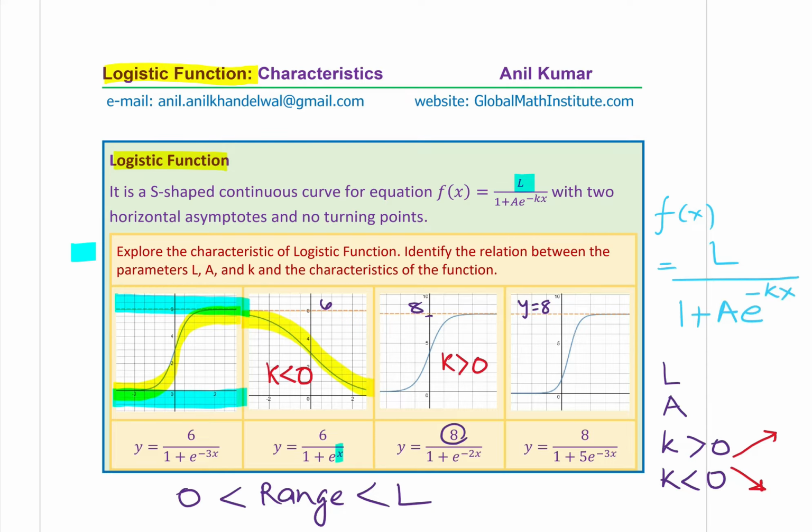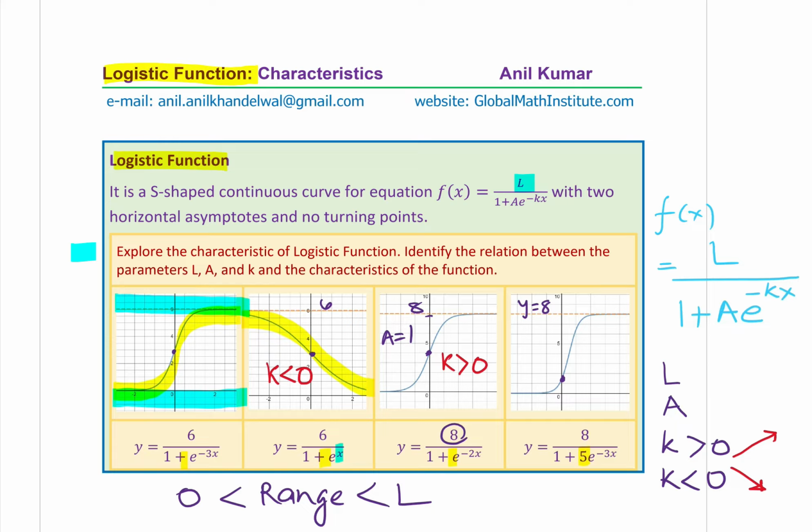Now let's explore the value of a. From the equations, you will notice that the value of a is 1, 1, 1, but here we have a value of a which is 5. What really happens is that the concavity changes at a point, normally at the center value, when the a value is 1. So if a equals 1, the center value is the point where the concavity changes.